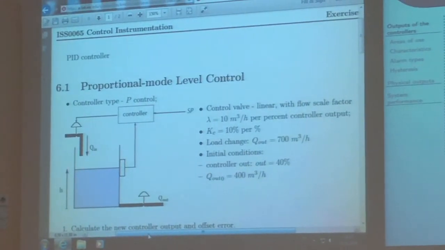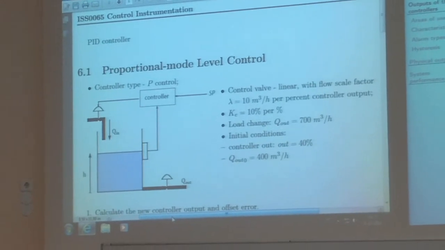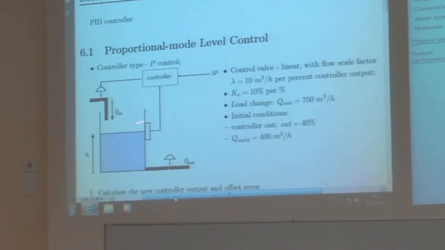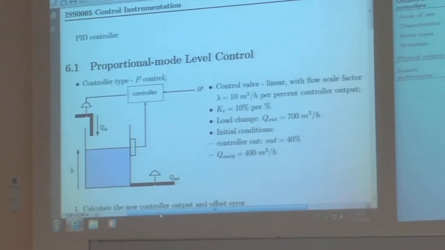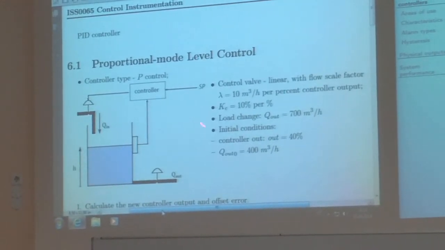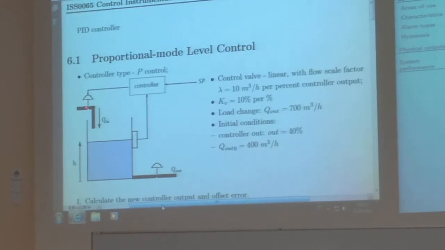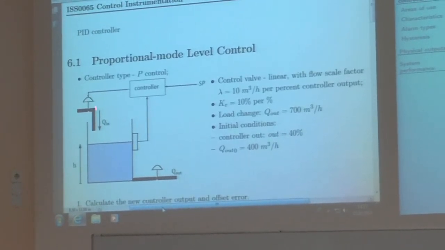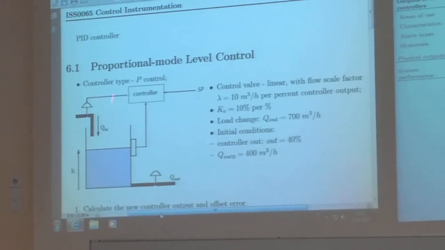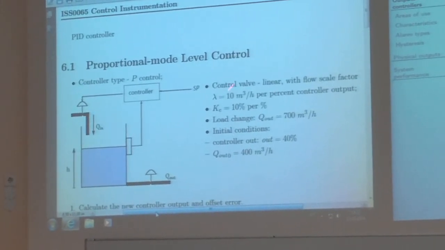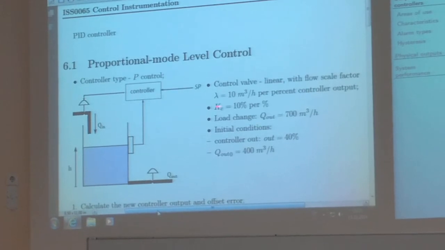We are having again our tank with some liquid inside, and we are having P control. So what information do we get? First of all, we know that our control valve, which can control the input or inflow of the system, has such a scale factor.